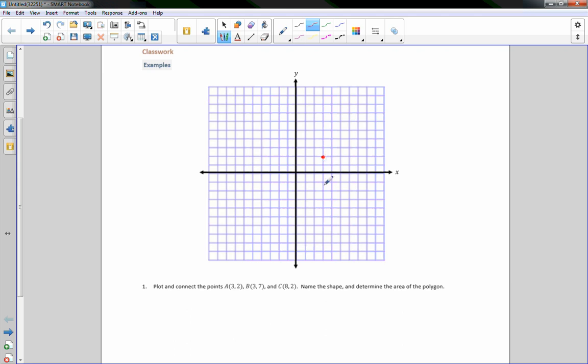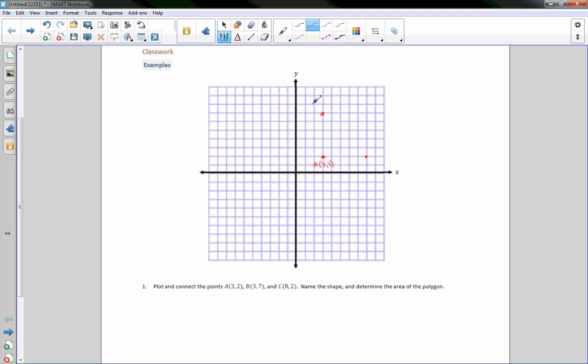So there's A. B is (3, 7). So over 1, 2, 3, up 1, 2, 3, 4, 5, 6, 7 is here. This is B. And C is (8, 2). 1, 2, 3, 4, 5, 6, 7, 8, up 1, 2, and that is right there. So I will call this A, and I'll put the point (3, 2).